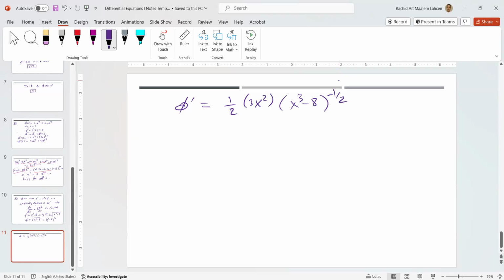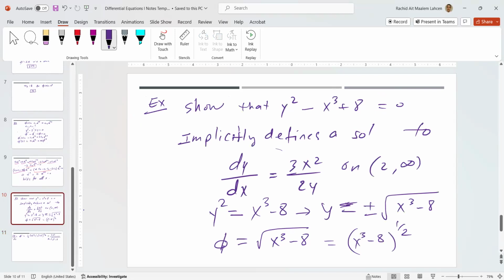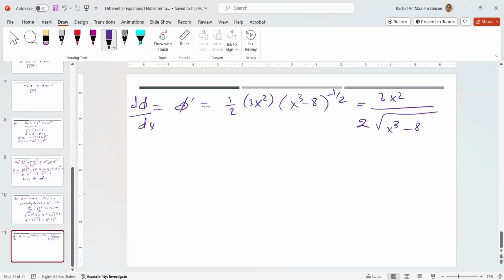I'm sure you've done this so many times in the past. We can write it as 3x squared over 2 times the square root of x cubed minus 8. So that's this first derivative.